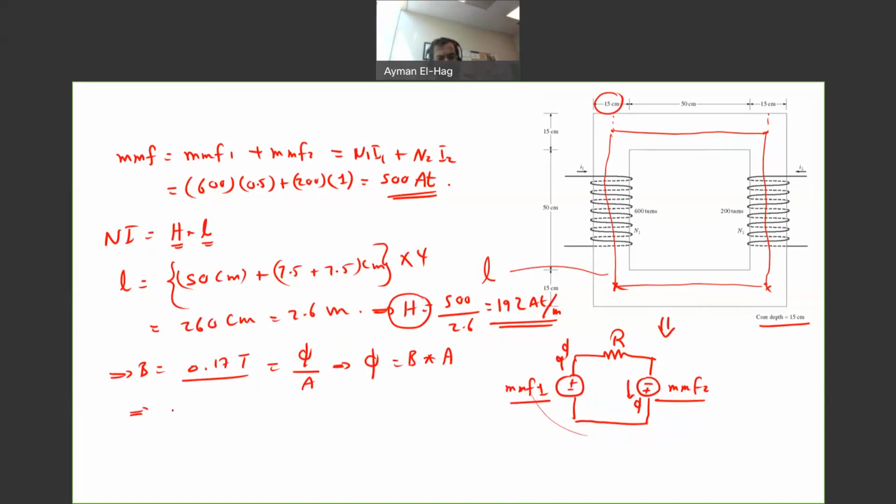So your flux phi is equal to 0.17 times the cross-section area, which is 0.15 times 0.15, and this will give me 0.00383 Weber. So this is your flux.